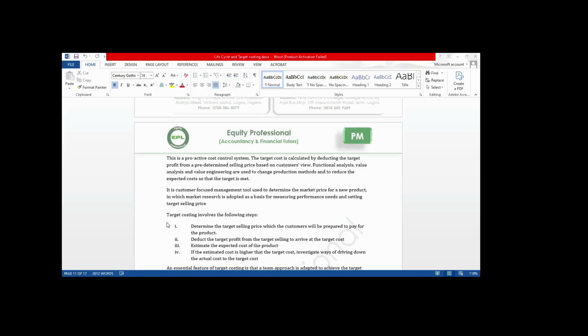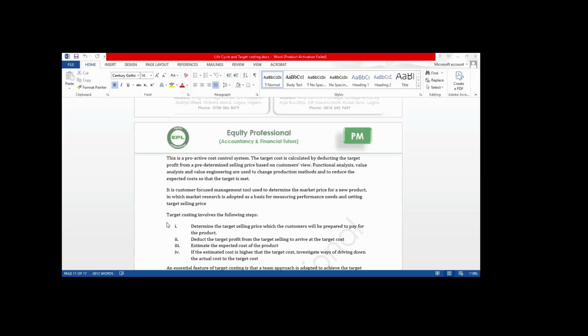Companies must identify ways to reduce their costs so as to be able to charge a competitive selling price. If the price of your product is too high, consumers will start moving to alternative products.